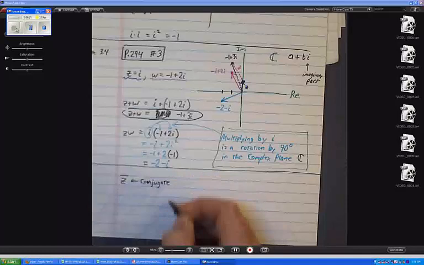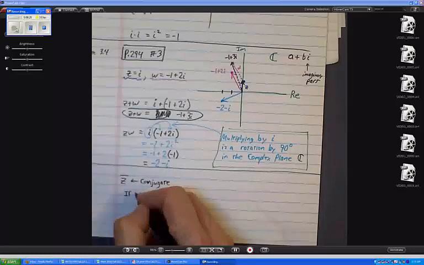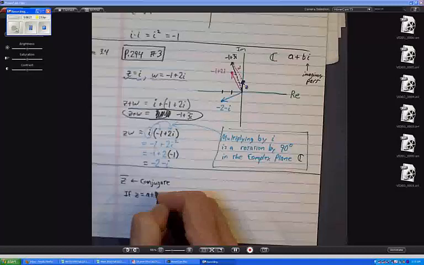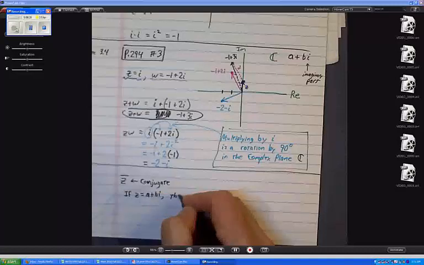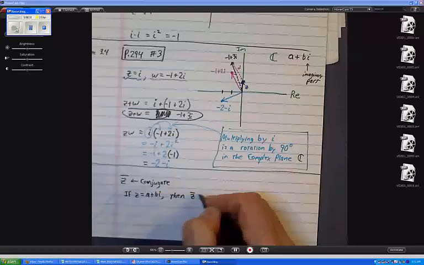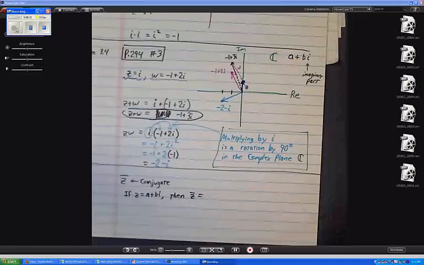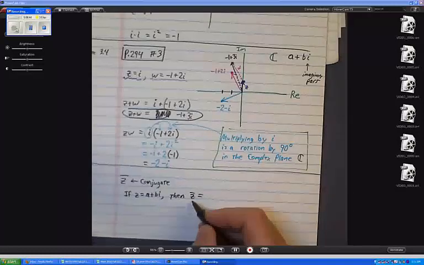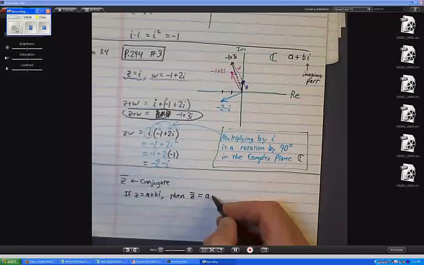The conjugate. So if Z equals A plus BI, then Z bar equals what? Well, the conjugate means just change the sign of the imaginary part. Z bar is A minus BI, okay?